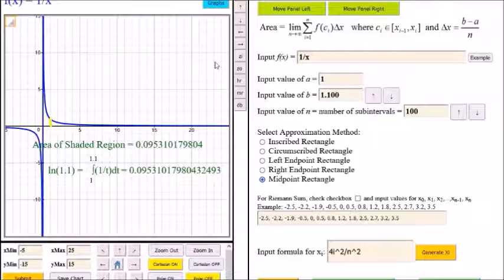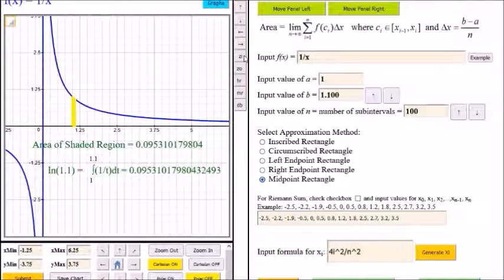And this area right here is 0.09531. Then if we go to 1.2, the natural log of 1.2 is defined as the integral from 1 to 1.2 of the function 1 over t.